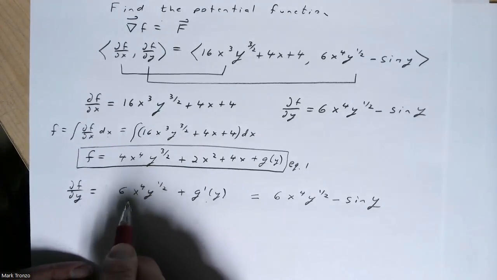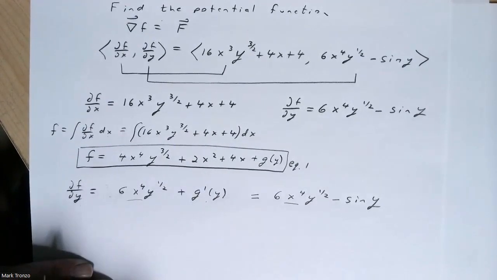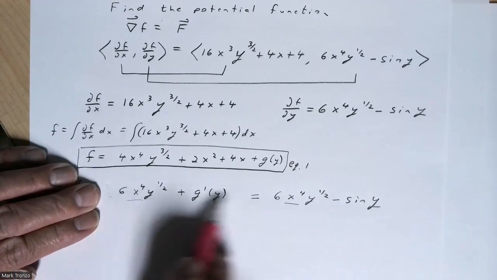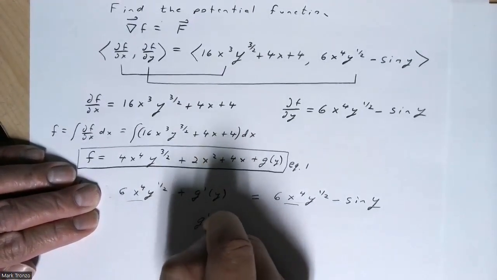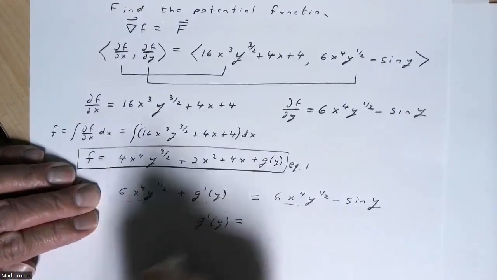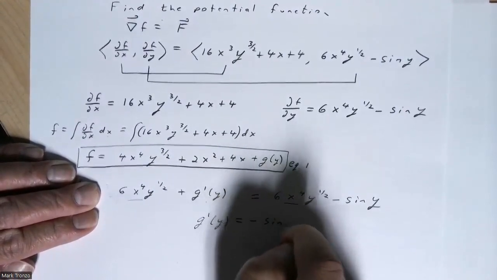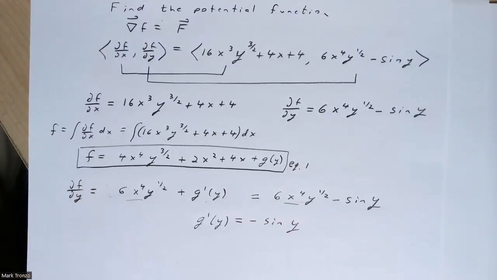And notice that this and this are exactly the same. So when we're working with this, those could cancel. Then we have g prime of y equal to minus sine y.